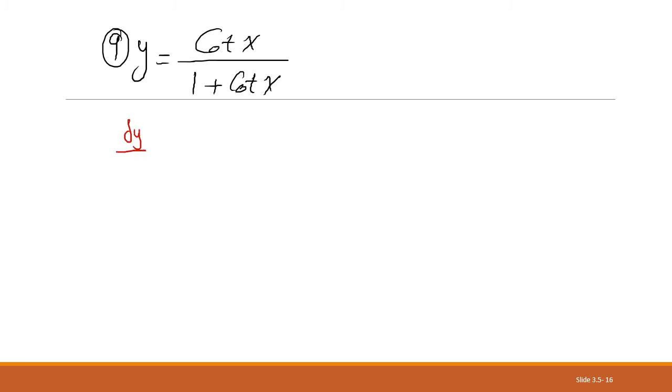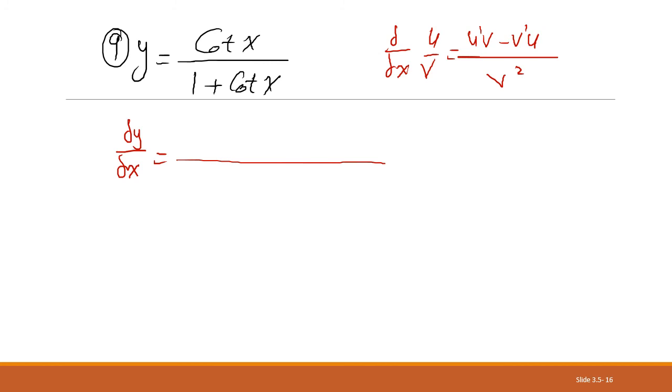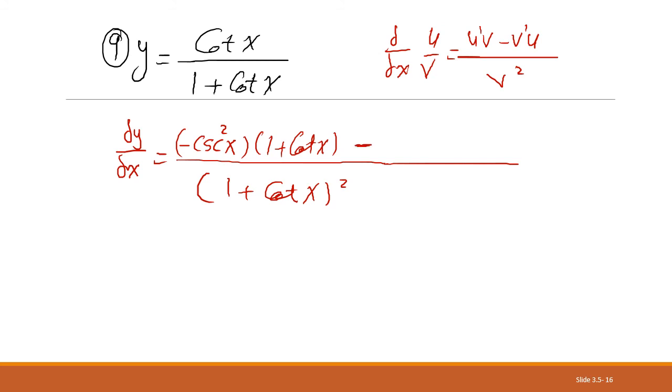dy by dx is equal, as we know that the derivative of the quotient is u dash v minus v dash u over v squared, so it's 1 plus cotan x squared, and then the derivative of cotan is negative cosec squared x multiplied by the denominator, which is 1 plus cotan x, minus the derivative of the denominator, which is negative cosec squared x multiplied by the numerator, which is cotan x.